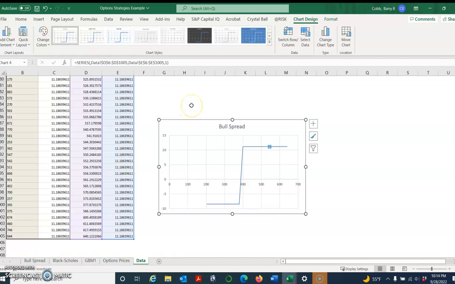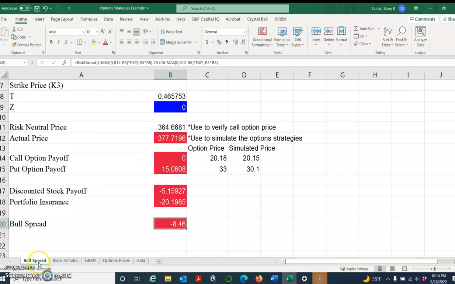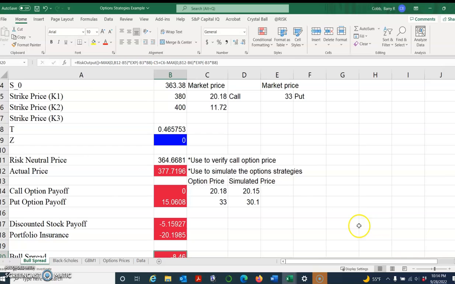And so if we want to make a bet that SPY will go up, but we want to limit our loss, the BullSpread is a way to do that. And if you look at the cost of it, the cost of doing this was fairly small.